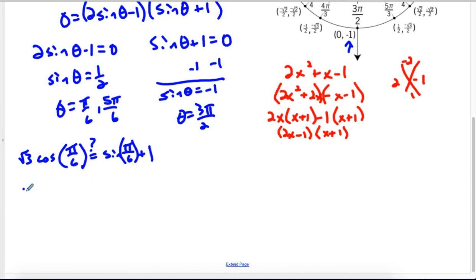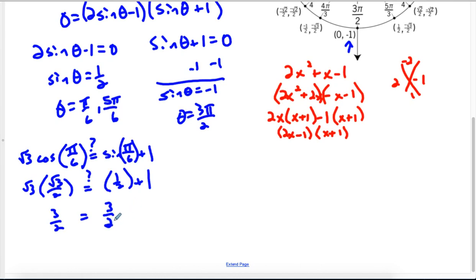Well, cosine of pi over 6 is the square root of 3 over 2. Sine of pi over 6 is 1/2. So the square root of 3 times the square root of 3 would just be 3. So we get 3 over 2. 1/2 plus 1 would be 1.5, or 3/2. This checks out. Right? So pi over 6 is a solution.